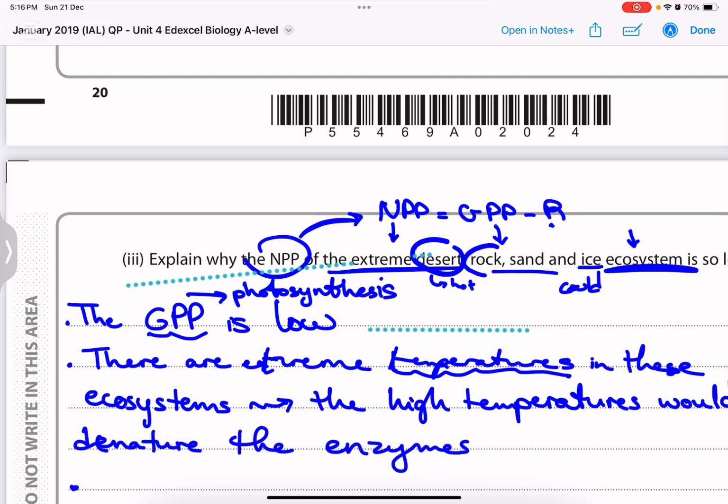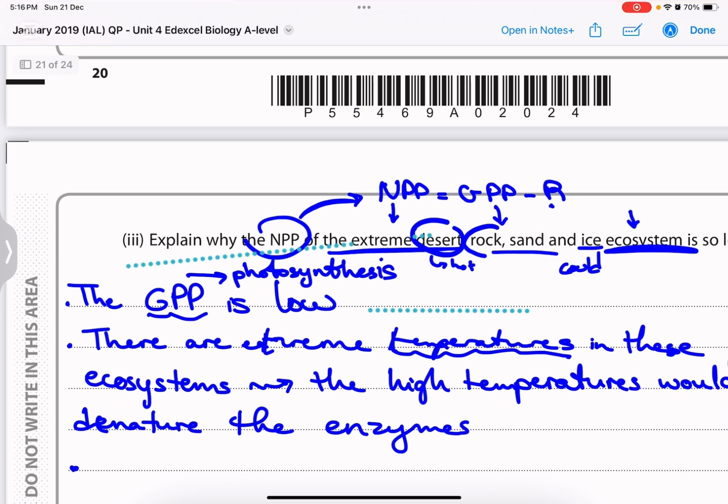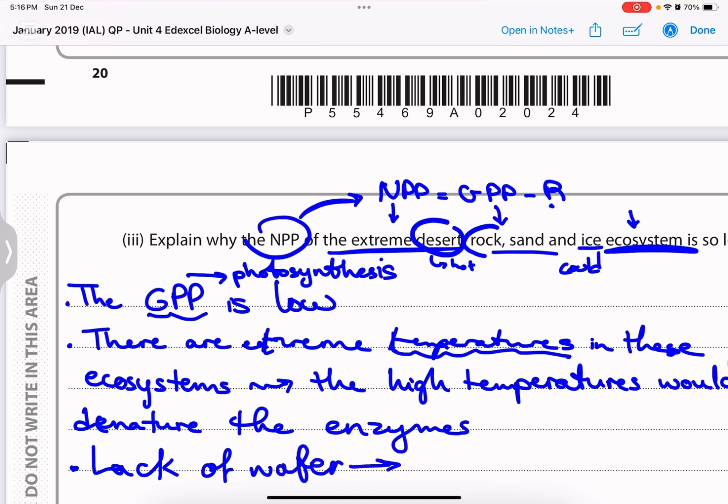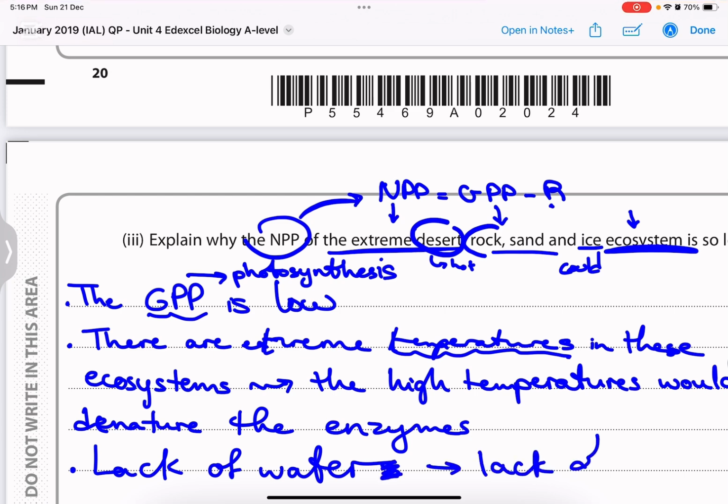What about other factors in these ecosystems that can be extreme or low or high whatsoever? There is another factor like a lack of water. A lack of water is affecting plants, causing lack of photolysis.